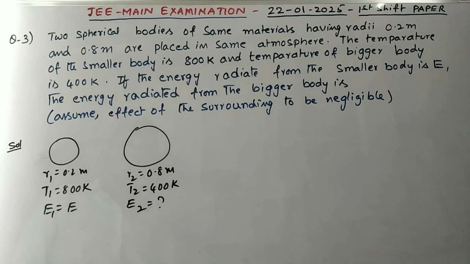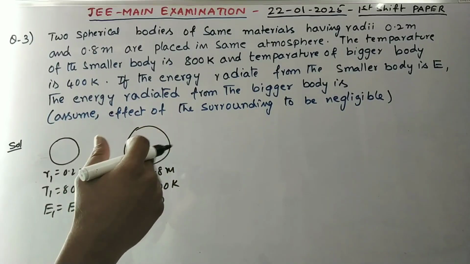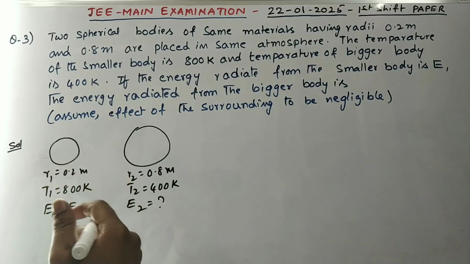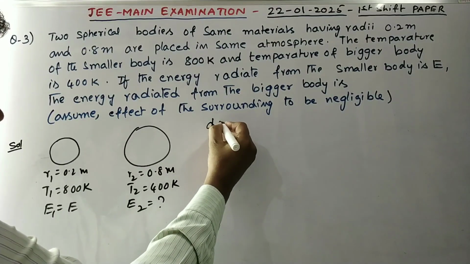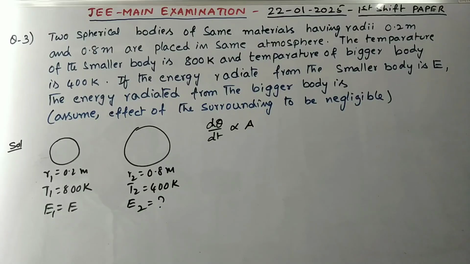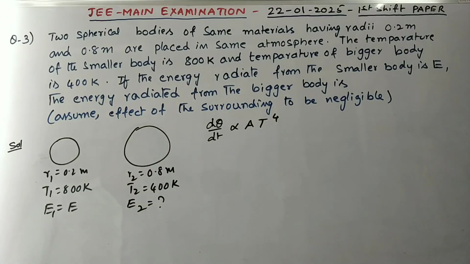That means the body continuously emits heat to the surroundings because it is above 0 Kelvin, so it is continuously losing energy in the form of radiation. So the amount of heat loss, that means dθ/dt, depends on its cross-section area and the fourth power of its absolute temperature, from Stefan's law.